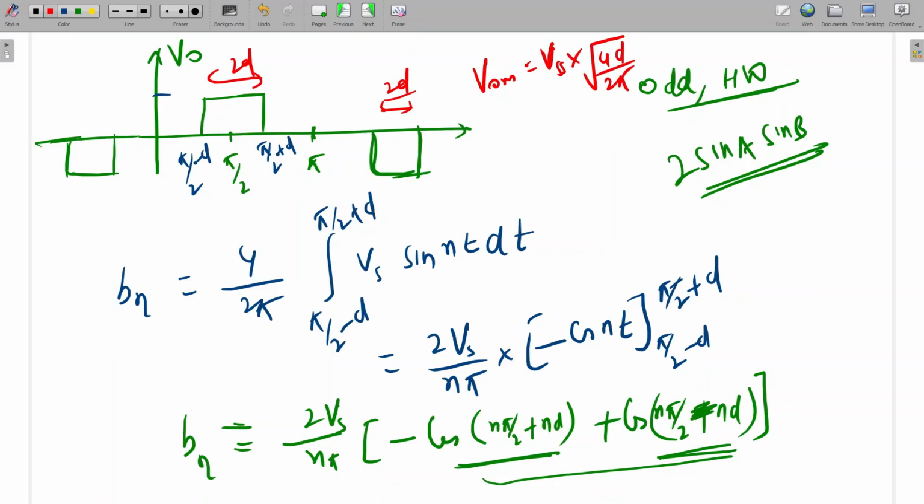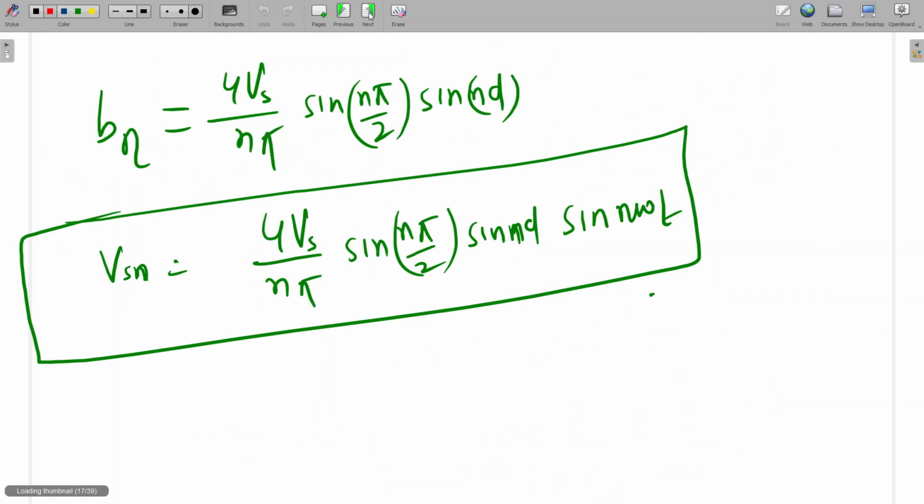In 2 pi, it is conducting for 4D. So Vs into 2D by pi. Is it correct? So this is the actual RMS value. This is the harmonic RMS. For fundamental, we can put n is equal to 1. So this will be the peak value. We can divide by root 2. Is it clear?